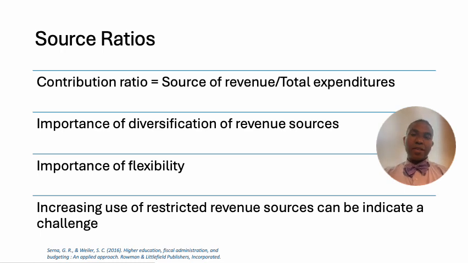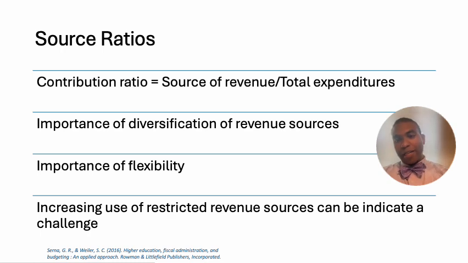So let's just say, in the case of a community college, you have this budget, and let's match up the budget money that you're getting from property taxes, and you're comparing that to your total expenses.